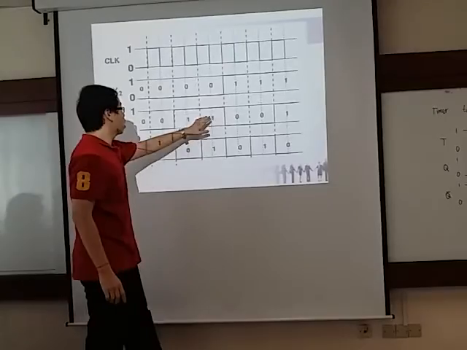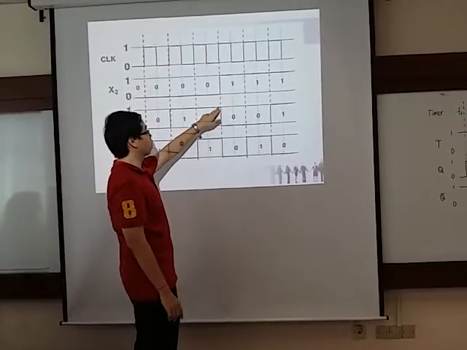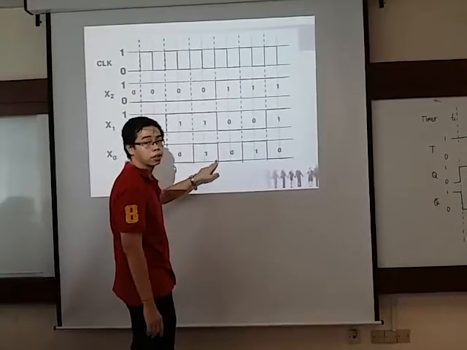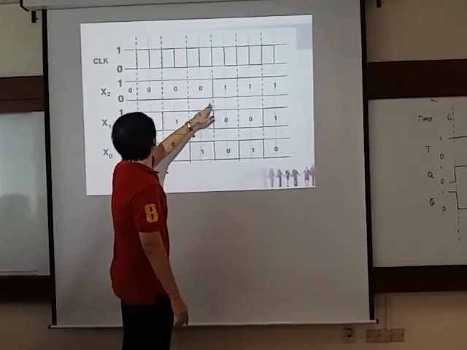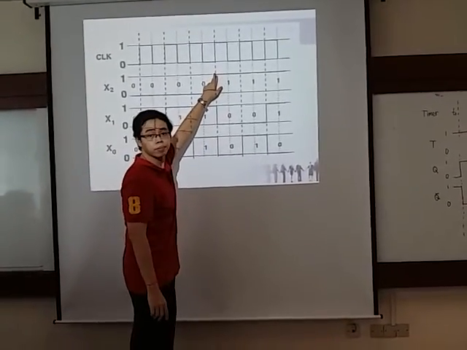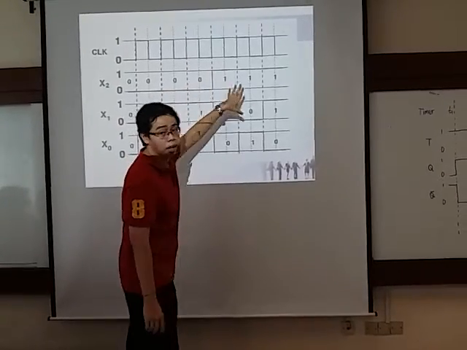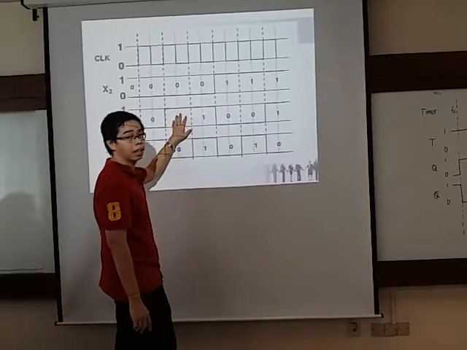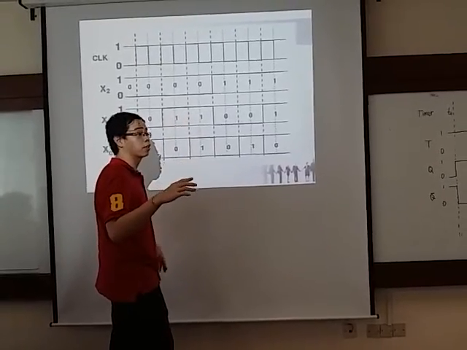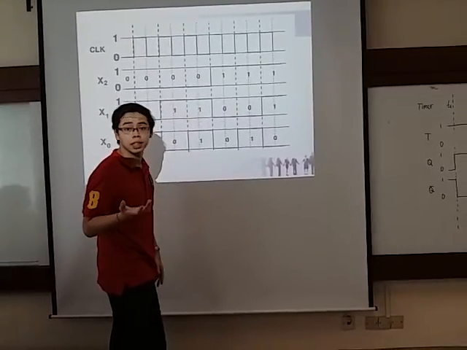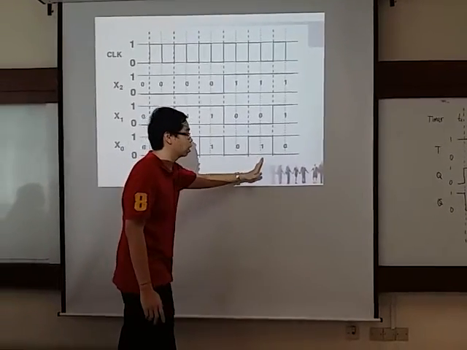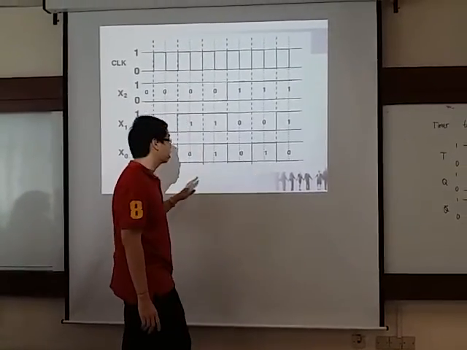So when X1 toggles from 1 to 0, the negative edge goes from 0 to 1, right? So X2 also will toggle. This process will go on: at every negative edge of X0 or X1, the next consecutive X will toggle. Can you understand?